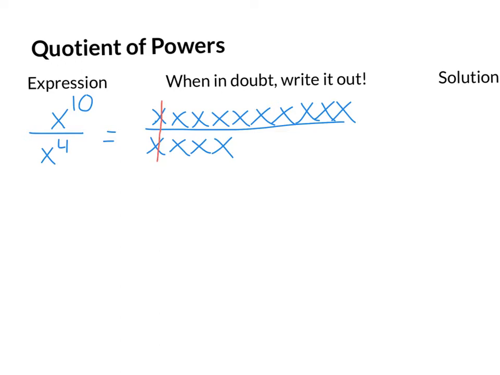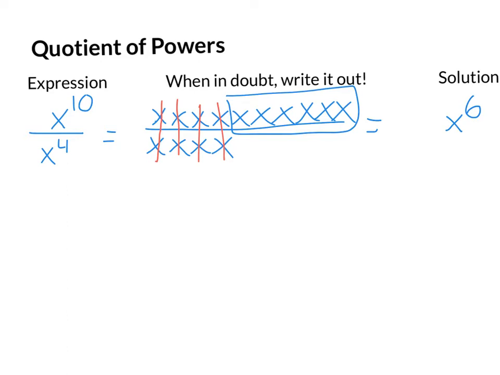X divided by x cancels out to 1. So you match up and cancel out your x's. All right, well, I have no more on the bottom, so I have crossed off all that I can. And then how many x's are left? So right here, 1, 2, 3, 4, 5, 6. X to the power of 6 is my solution.